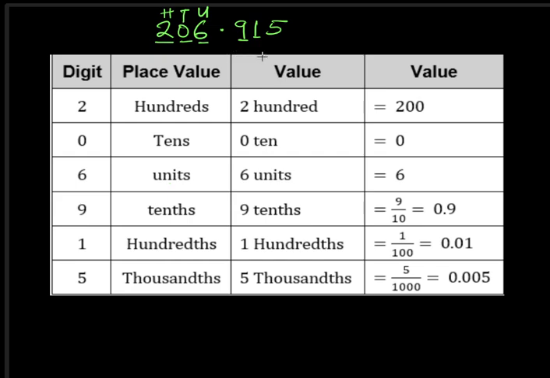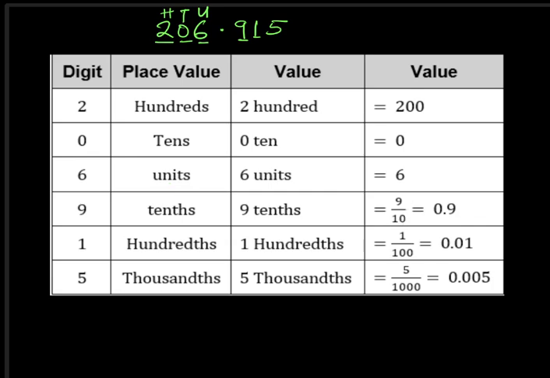Now we move down to value. Remember, place value is just a position, and then value will tell us the worth, what that digit actually stands for in that number. So the value of 2 here is 200. The value of 0 is 0 tens, which is 0. The value of 6 will be 6 units, which is 6. Now the value of 9 here will be 9 tenths, that will give us 9 over 10.